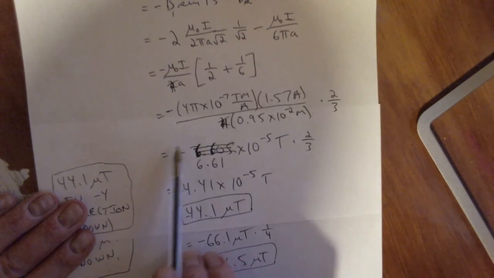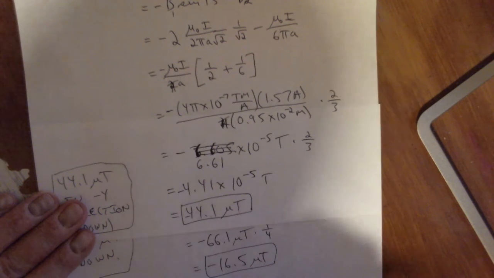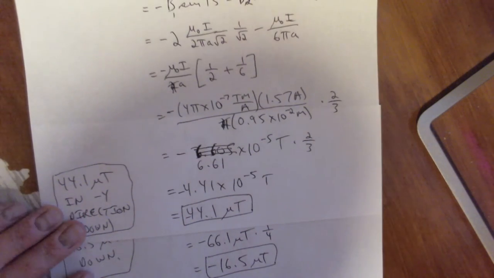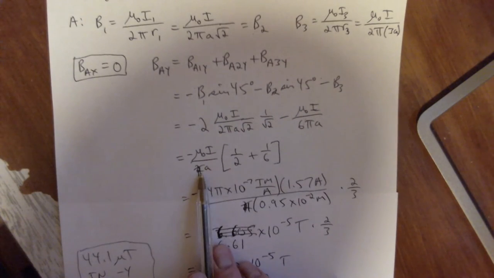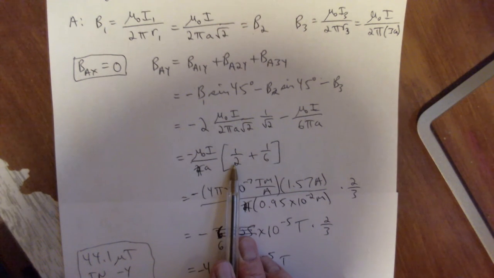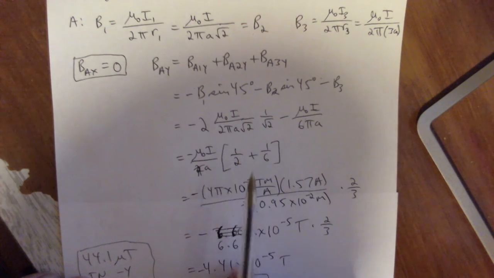Anyway, so we've got the sum of all the y components. The sum of the y components for 1 and 2 is just going to be, instead of minus mu sub naught I over pi a times a half, it's going to be plus mu sub naught I over pi a times a half.